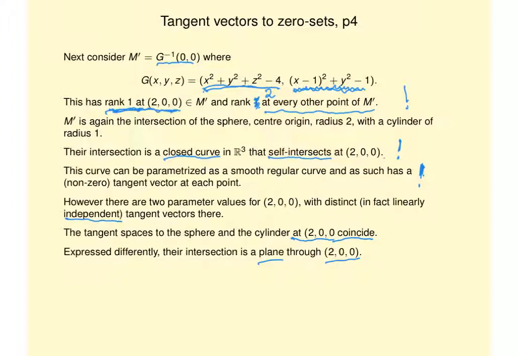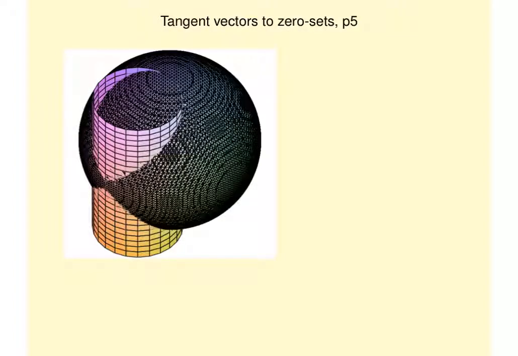There's a diagram on the next page. Here it is. This is a little bit gross and thick. This was done in Maple, and I wanted to have a high grid, a lot of sample points, in order to make the behavior clear, the behavior at this point here.